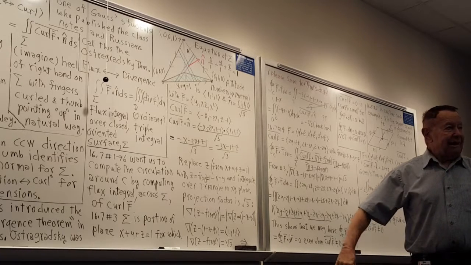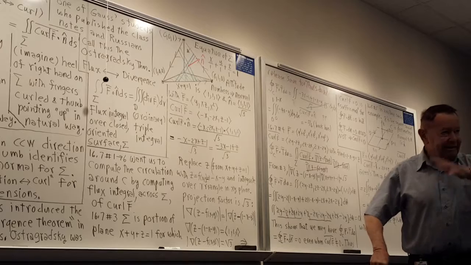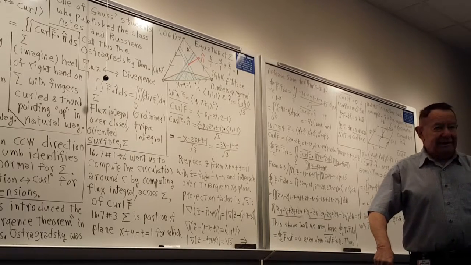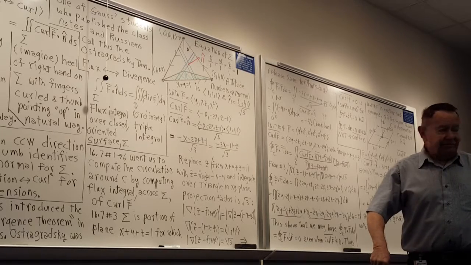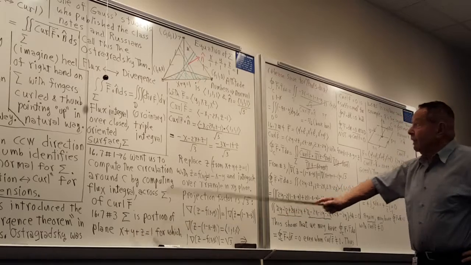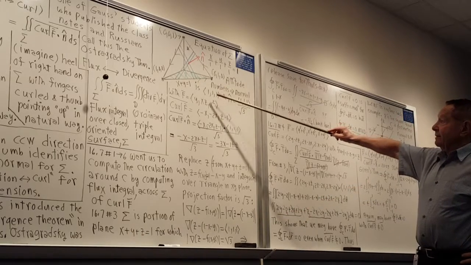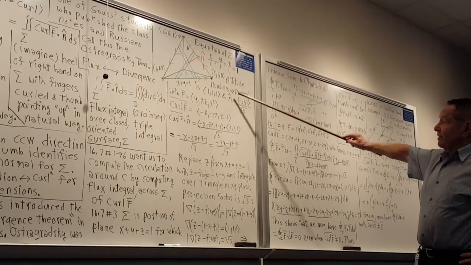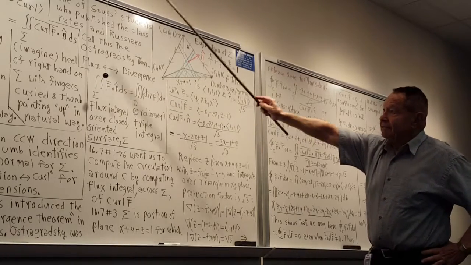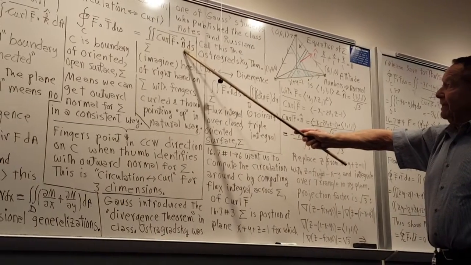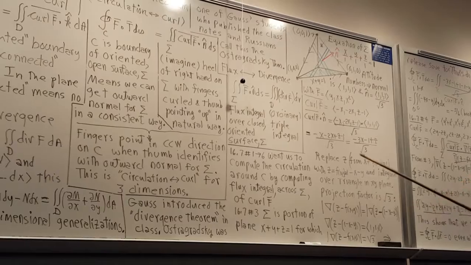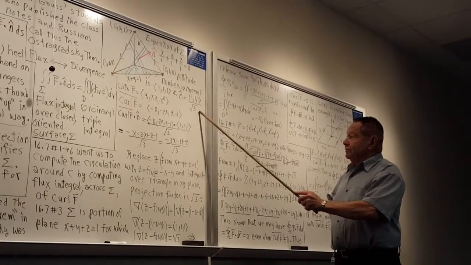Remember, we use the word attitude the way you would if you're thinking of flying an atomic submarine or anything that has 3 degrees of freedom. So your normal is 1, 1, 1, and then your unit normal, which is what we need here for the flux integral, is 1, 1, 1 over square root 3.